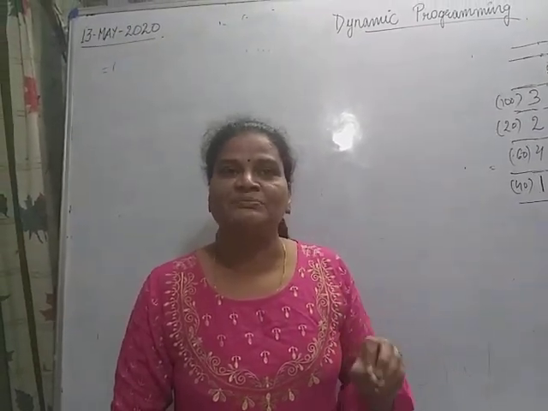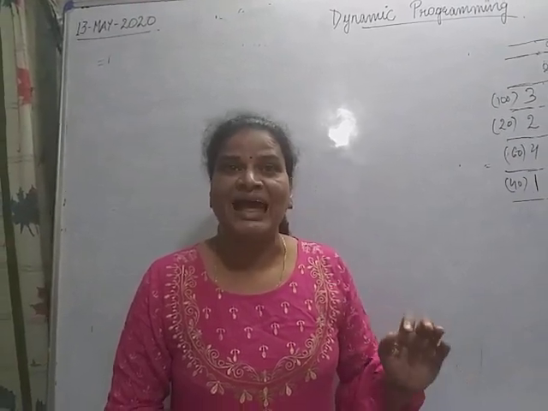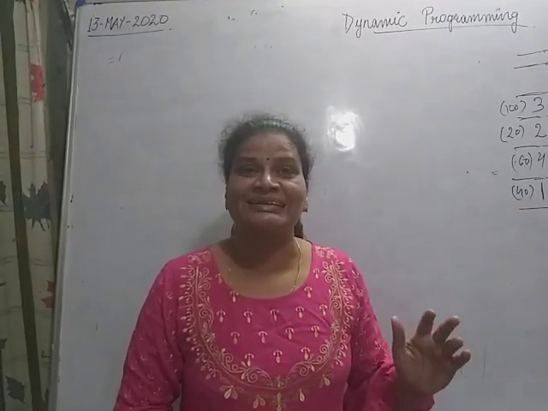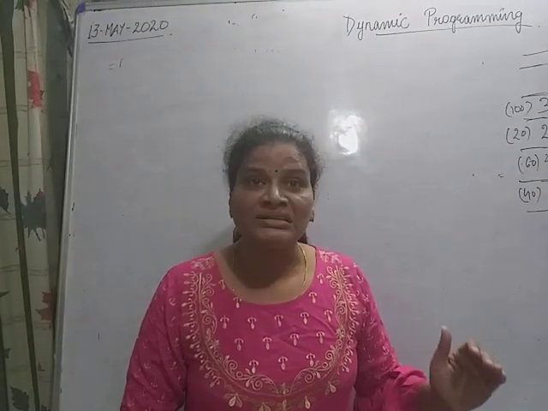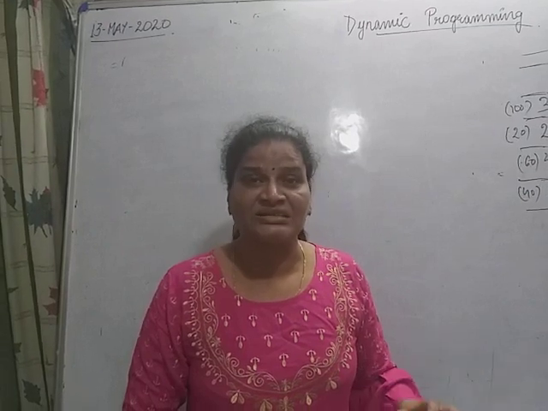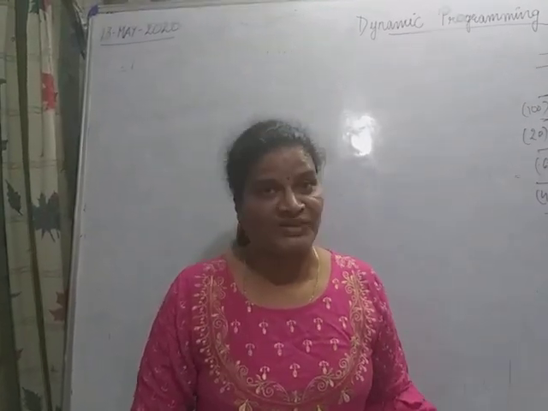The principle of optimality simply says that the optimal sequence of decisions has the property that whatever the initial state and decision are, the remaining decision sequence must constitute an optimal decision sequence with respect to the state resulting from the first decision.